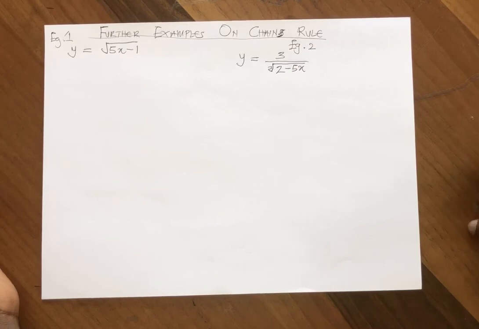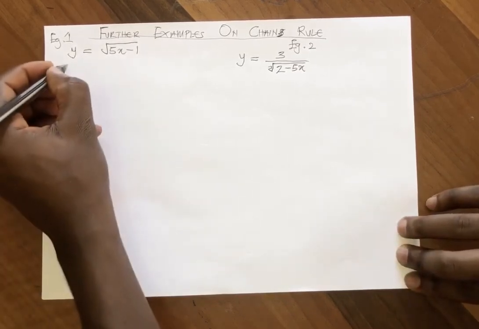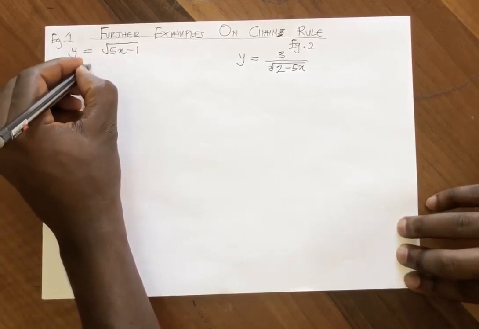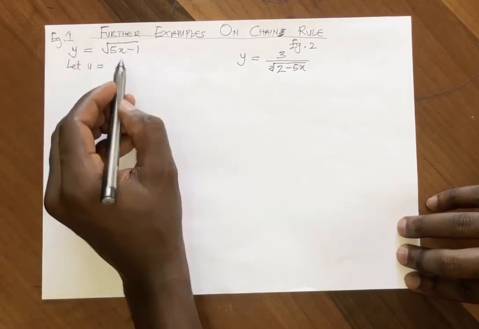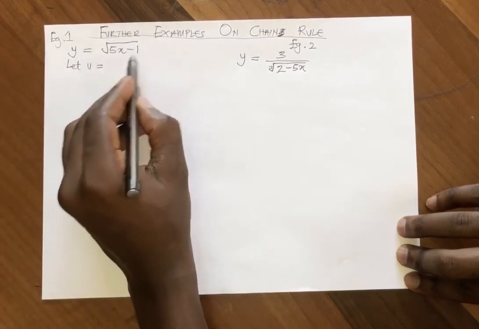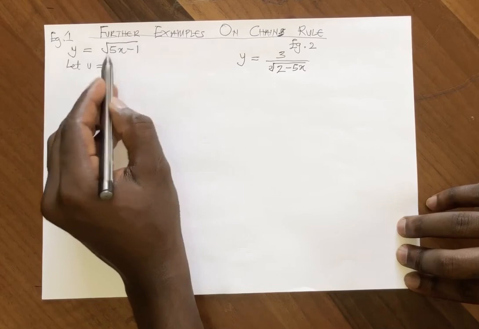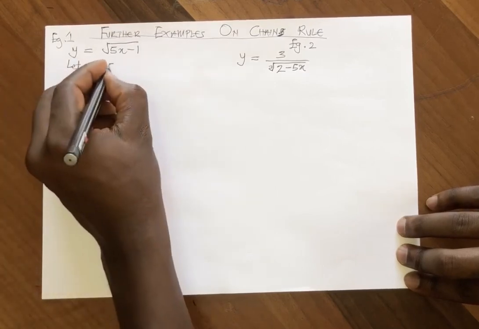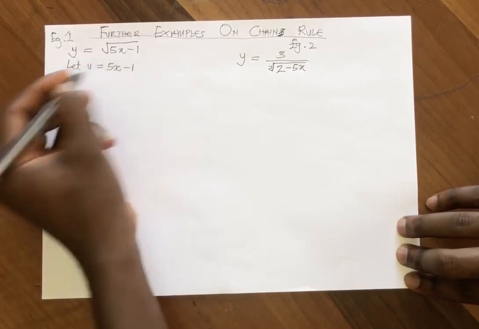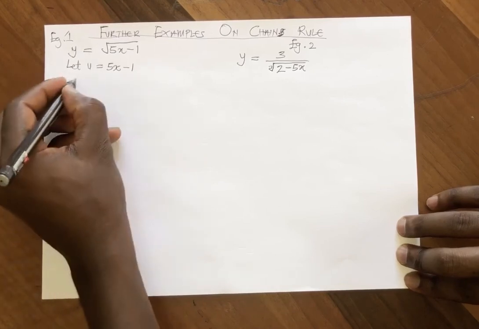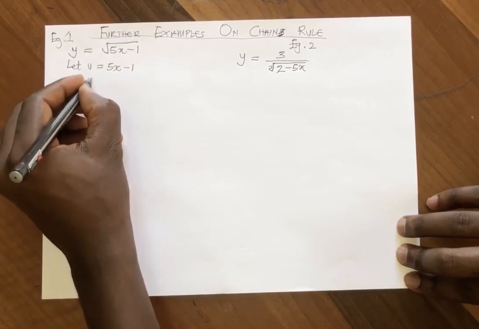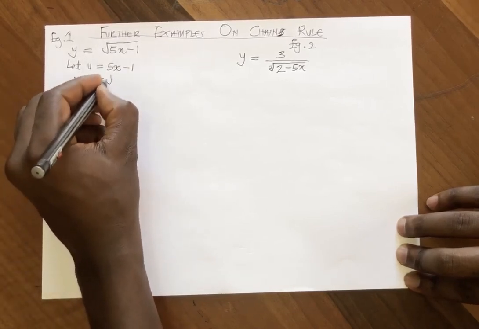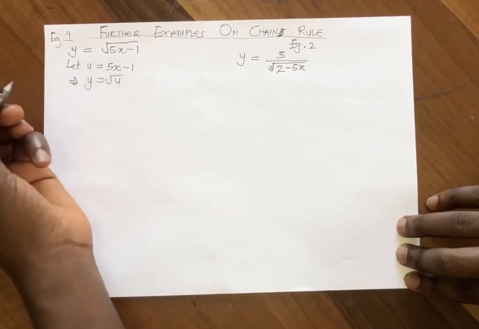So the first step that we would like to take is to let u be equal to the function under the square root, okay? So that is 5x minus 1, all right? This implies that your y is now square root of u, okay?